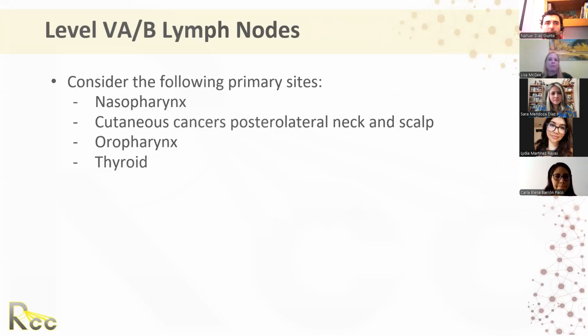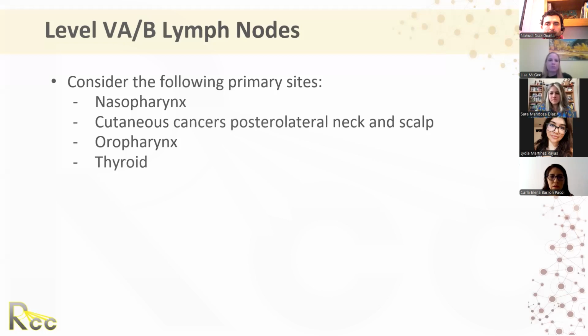So for level 5 lymph nodes, in general, you would consider the primary echelon drainage from nasopharynx and cutaneous cancers of the posterior lateral neck and scalp, as we just mentioned. In general terms, other subsites of the head and neck that very commonly would drain to level 5 as a first or second echelon would be oropharyngeal cancers and thyroid malignancies.